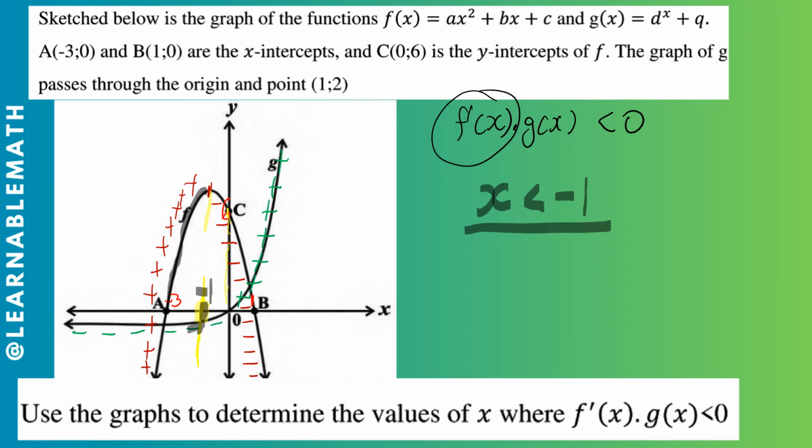Okay, let's look again. So if you check again from this point, let me show you this. From this point going like this, f, it is negative. Can you see? But at the same time, this portion, it's still negative g.